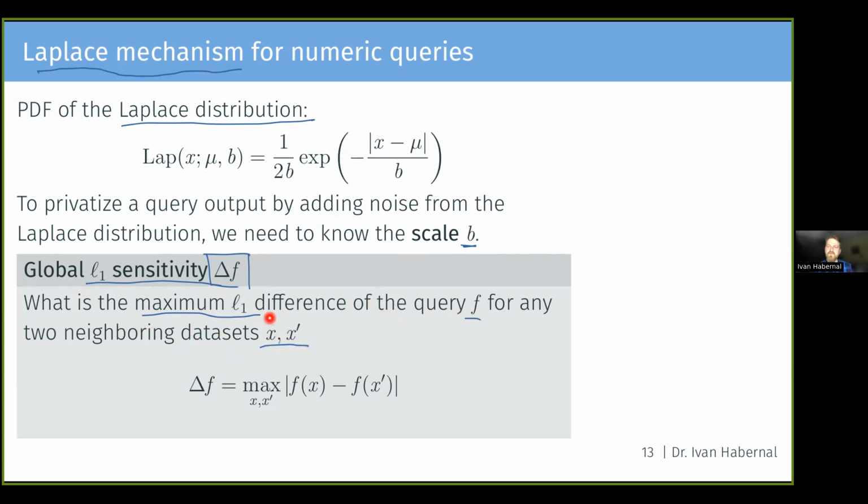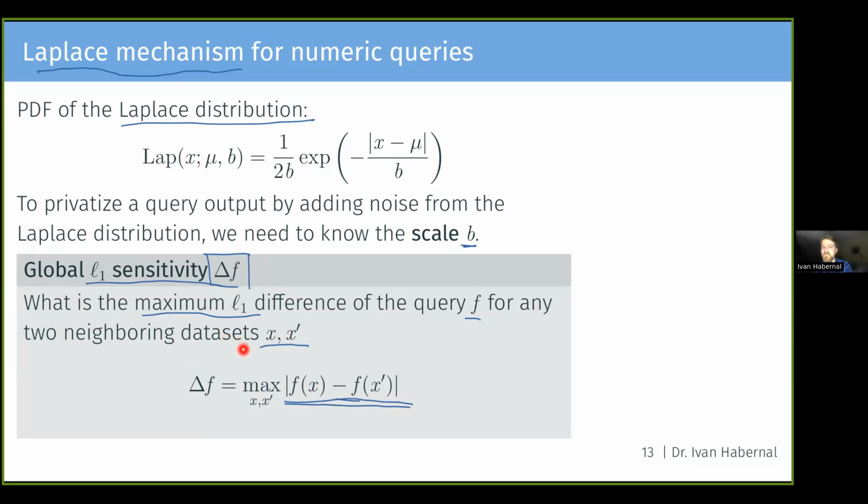So we have to know the maximum impact which one person will have on the output of our query. We reason about all the possible neighboring data sets, and then we just take the maximum difference when two neighboring data sets are put through the function. It is the maximum impact or maximum difference on the query.